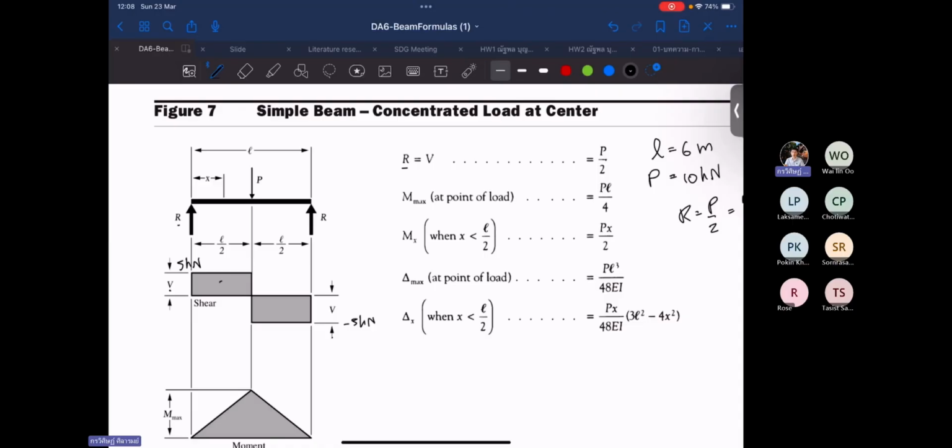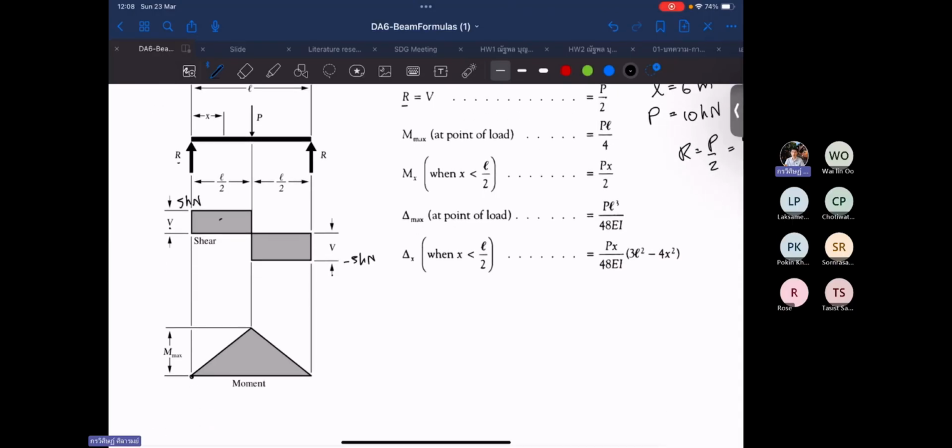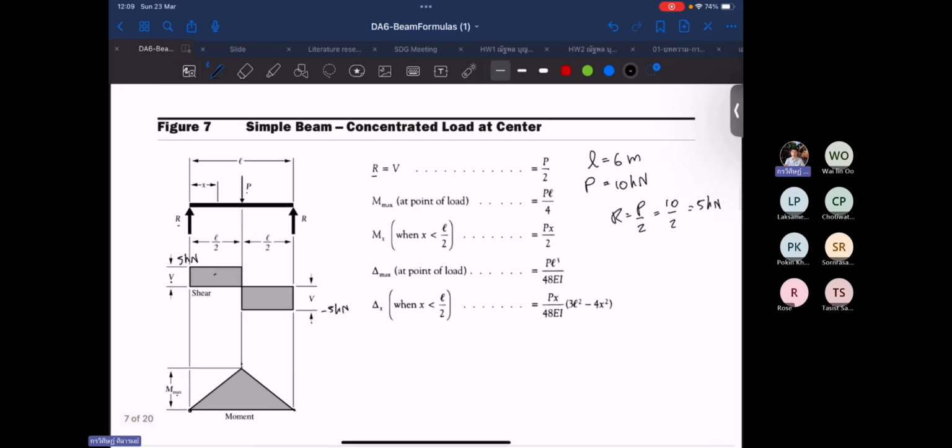And for the bending moment, we have this shape. We know that it is 0 at the ends and maximum at the center, or at the point load P. So the moment equals P L divided by 4. P is our point load, so 10. L is the beam span, 6, divided by 4.